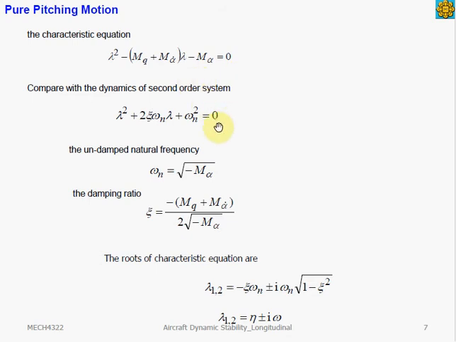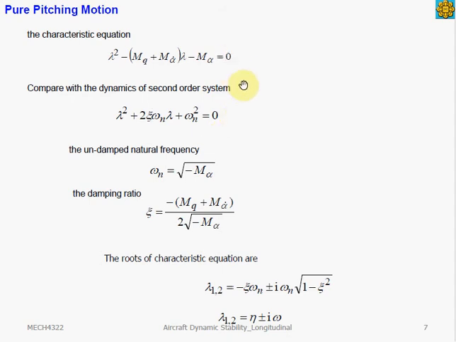A general second order system can be described by this characteristic equation, which is in terms of the system's damping ratio and natural frequency. So we can compare the characteristic equation of our aircraft's pitching motion to the general second order characteristic equation.